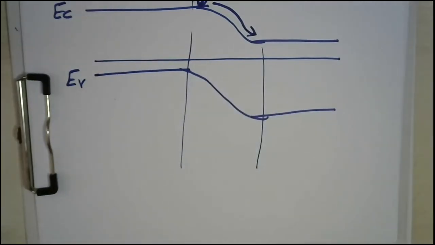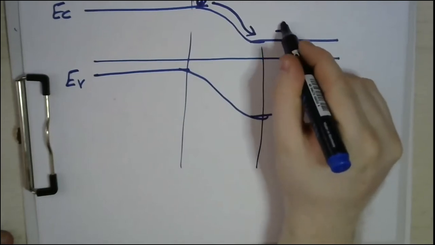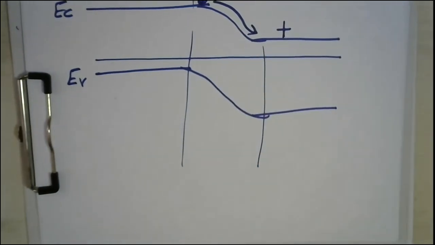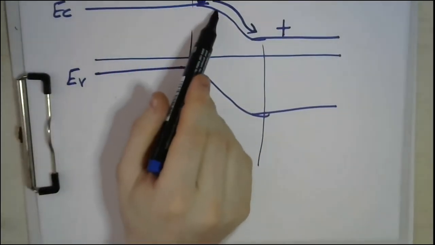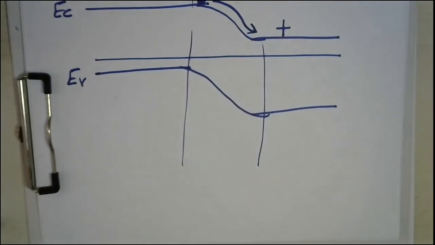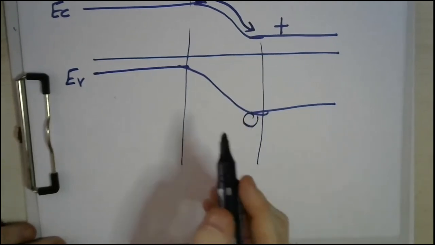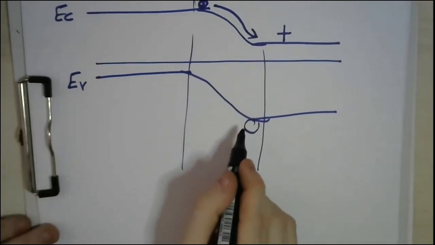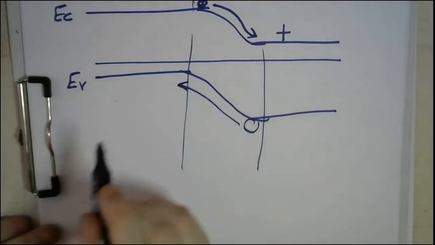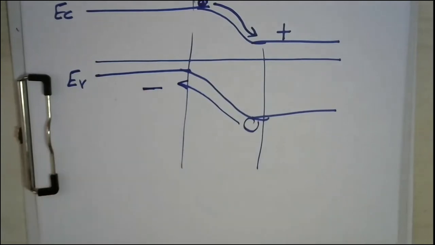That means that you have a positive terminal of your potential in this direction, because the electron is a negative particle and the electron is attracted to the positive terminal. Similarly, if you have a hole here, the hole will drift upward as you know, and that means that you have a negative potential terminal here.